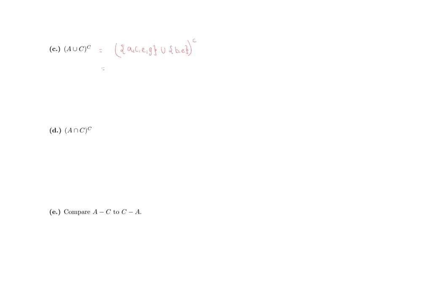Let's union them first. So we get A, B, C, E, and G. The complement would be any element that's in the universal set that is not included in this set yet, which would be, let's see, we have A, B, C. We do not have D, we have E, we don't have F. So it would just be D and F.